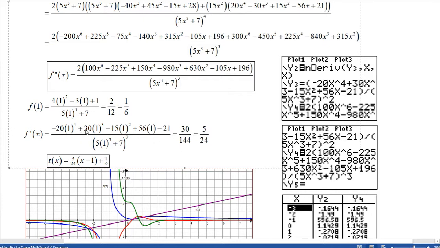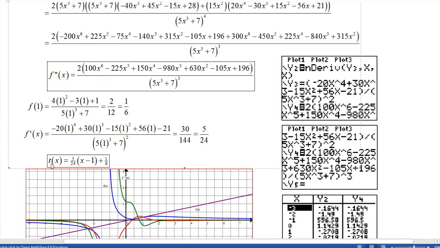In the top we have negative 20 plus 30 is negative 10, positive 10 plus negative 15 is negative 5, plus negative 21 is negative 26, plus 56 is 30. And it looks like I can cancel out a 6 here. 30 divided by 6 is 5. 144 divided by 6 is 24. So that reduces to 5/24.